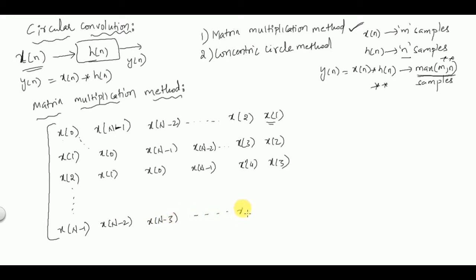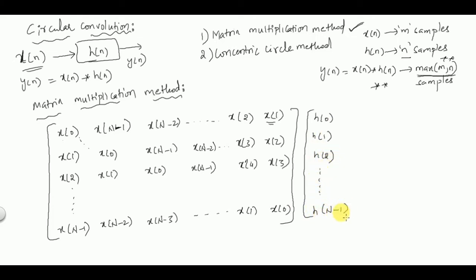This will be x of 1 and x of 0. After writing this matrix, you have to multiply it with the impulse response matrix, h of 0, h of 1, h of 2, and so on up to h of n minus 1. If you multiply, you will get the output sequence, y of 0, y of 1, y of 2, and so on up to y of n minus 1.